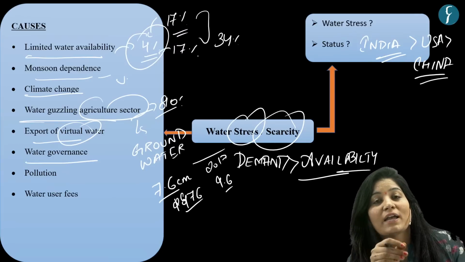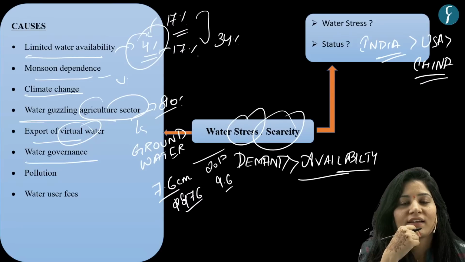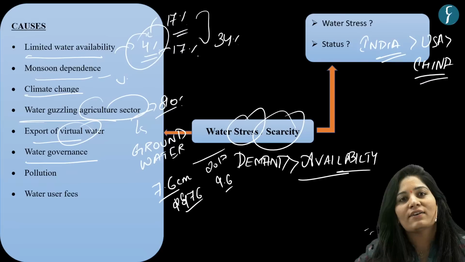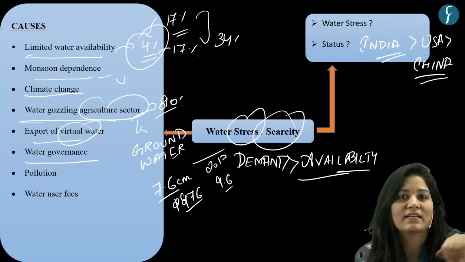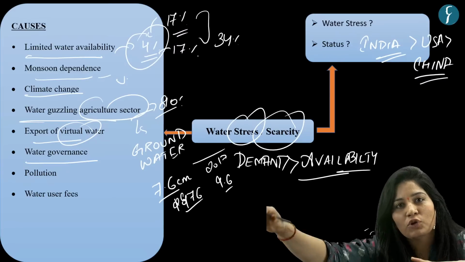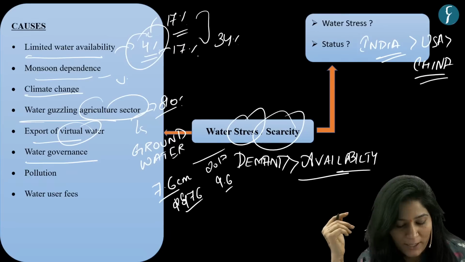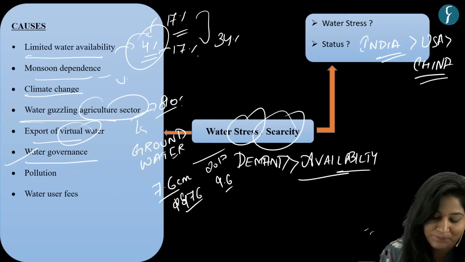And that is why the Mihir Shah committee emphasized this problem. They mentioned in this report that India's water governance is working in silos. Why? Because half is controlled by the state, half chunk is controlled by the union. How will there be uniformity? Okay, so this is a challenge with respect to water governance in India.